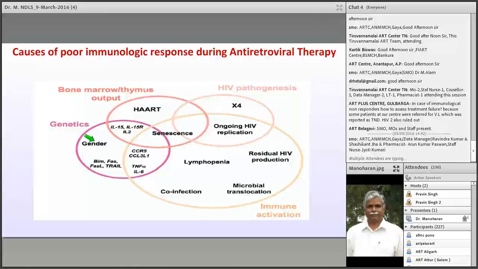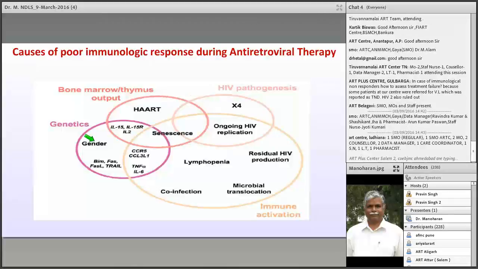Growth hormone is supposed to enhance hematopoiesis and immune function both directly and via insulin-like growth factor 1. Growth hormone treatment has been shown to improve thymic function in HIV-1 infected people. But here again, we need to think about adverse events like carpal tunnel syndrome, hyperglycemia, etc.